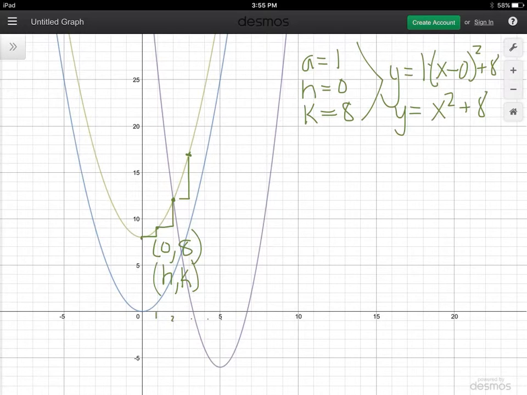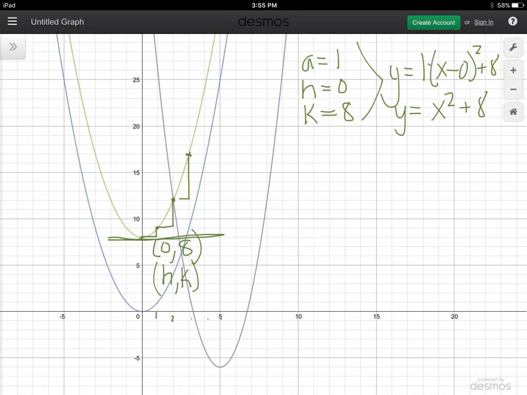It has not moved left or right because our h value is 0. It's opening up because a is positive. It has the same step pattern because a is 1. And it has a min value. So the parabola is opening up, so the bottom of the parabola is our minimum value, and that minimum value is positive 8.